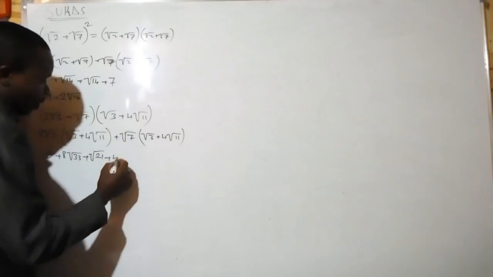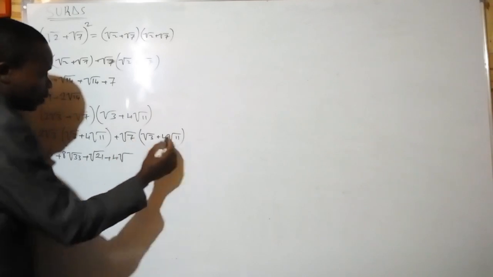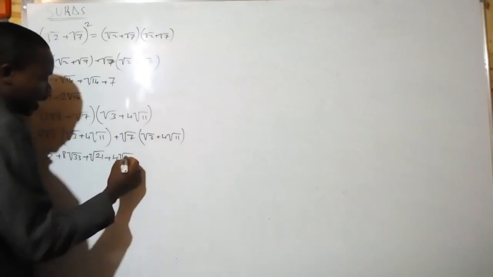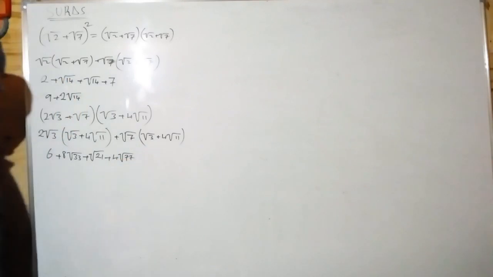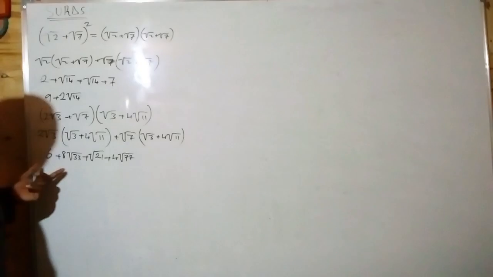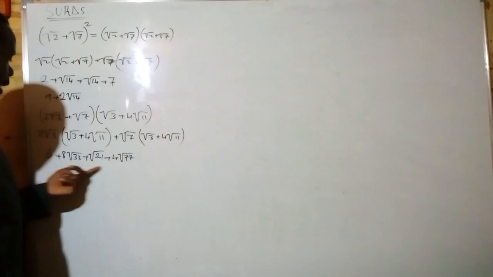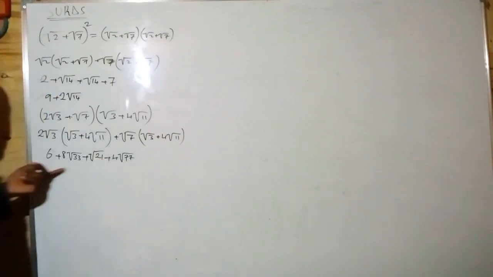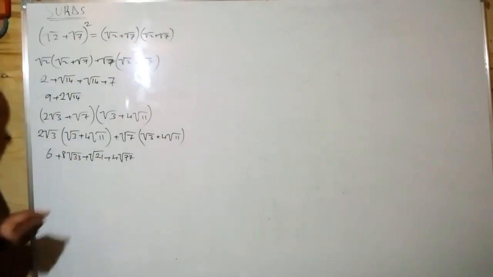Root 7 root 11 root 77. And we should leave our answer like that because we don't have any common number. All these are unlike terms. We can only leave it like that.